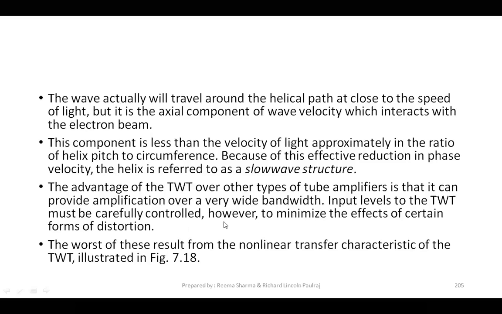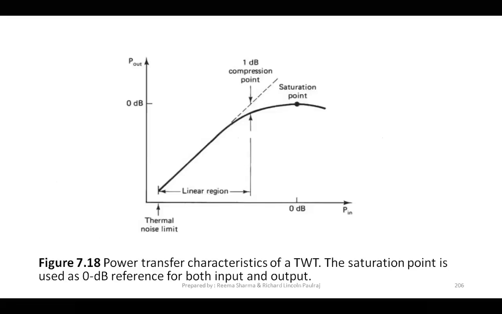So we should control them properly so that we can minimize distortions. The worst of these result from the non-linear transfer characteristic of the TWT. So this is your transfer characteristic. On one axis you can see the input power, and on the other axis you can see your output power.